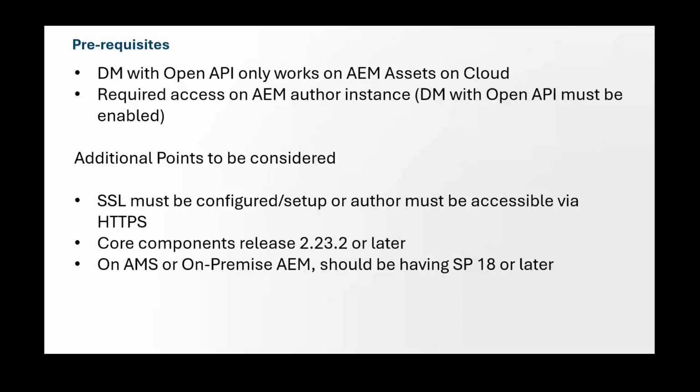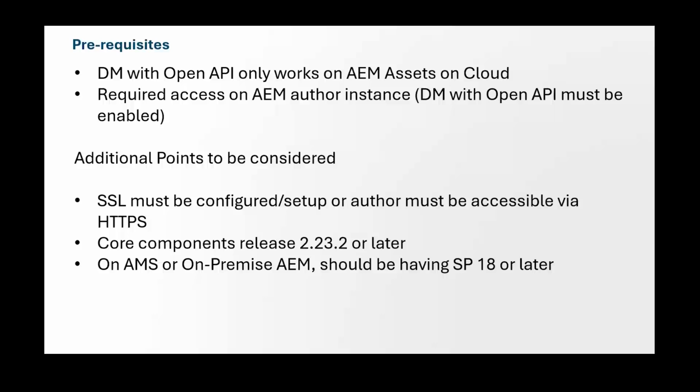As we know, you can install or configure Dynamic Media with OpenAPI either on cloud or on your on-premise or managed services environment. To work on the cloud environment, you need to have a separate instance where your Dynamic Media OpenAPI is enabled, and make sure that it is your authoring tier and you do have access to that.